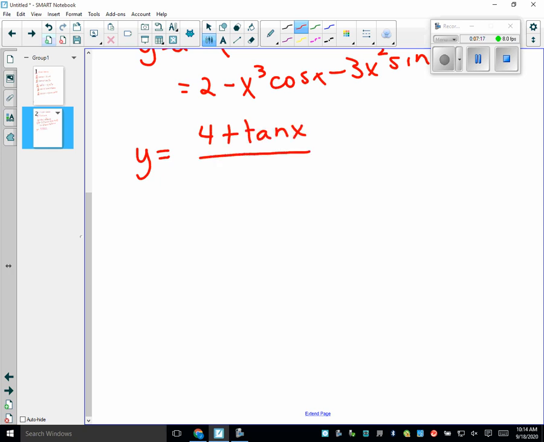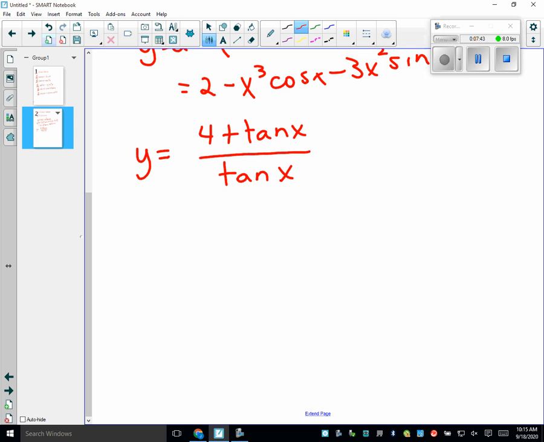Is it a quotient? We can separate them out if you prefer. Could we do one like that? I don't think so.